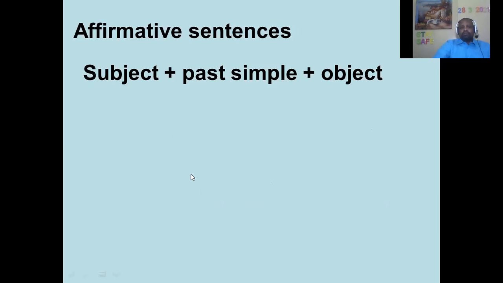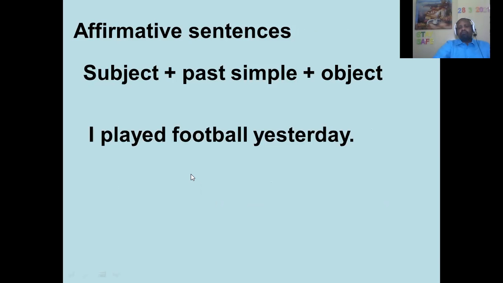Affirmative sentences or the positive sentence, the sentence that gives a statement. Remember this structure: the subject, the past simple, or V2, plus an object. Subject, past form, object. Have a look at this example. I played football yesterday.